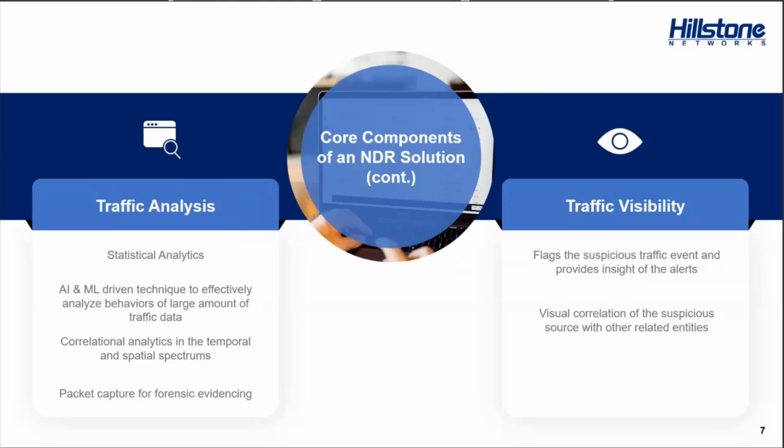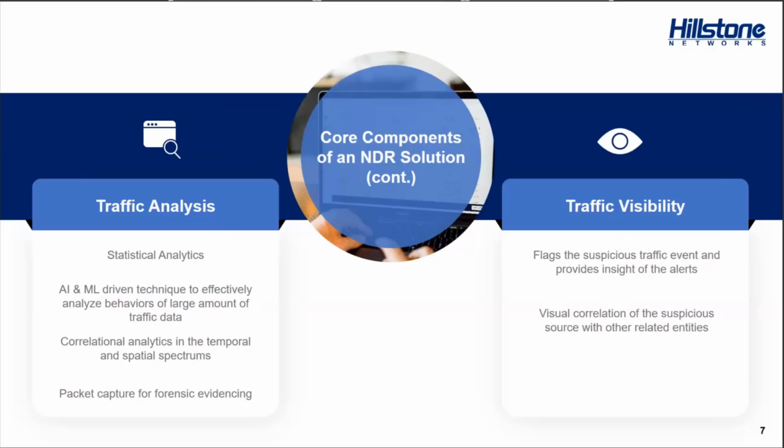And in the traffic analysis part, we should also be able to do packet capturing for threat hunting and forensic evidence purposes. This is the most important part of this building block of an NDR solution. Additionally, we should be able to provide traffic visibility. This is also very important to give the security admin or security operator a deep and global view of what's going on inside the network.